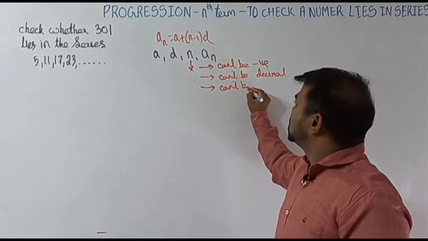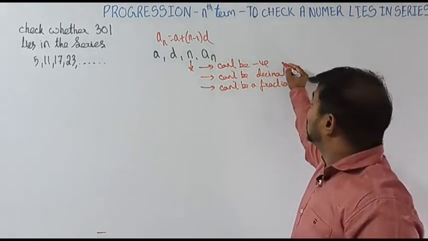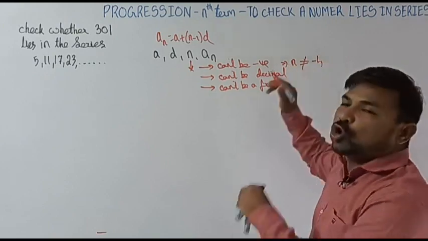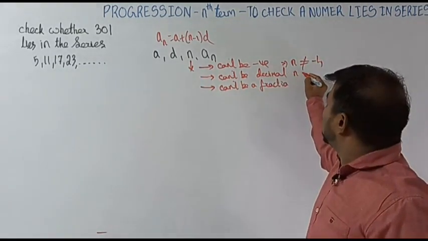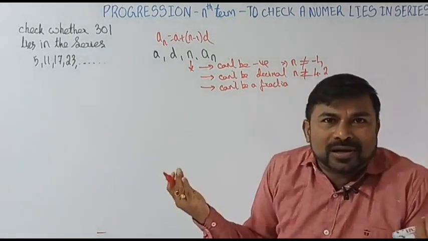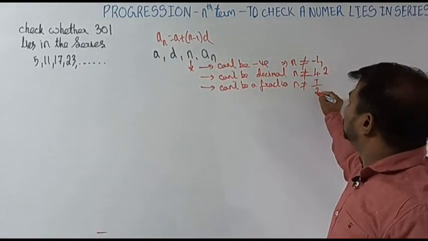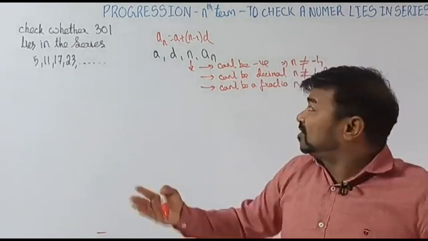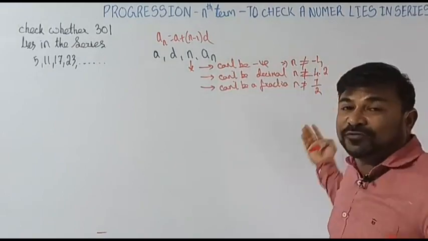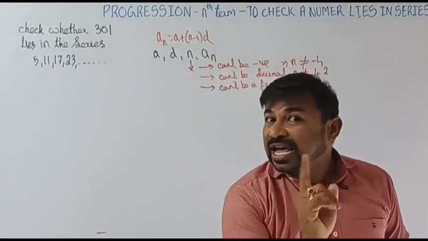N can't be something like minus 4, and n can't be something like 4.2, or something like 7/2. If you get the value of n from this series as a negative, a decimal or a fraction, straight away say no, the number 301 does not lie in the series.